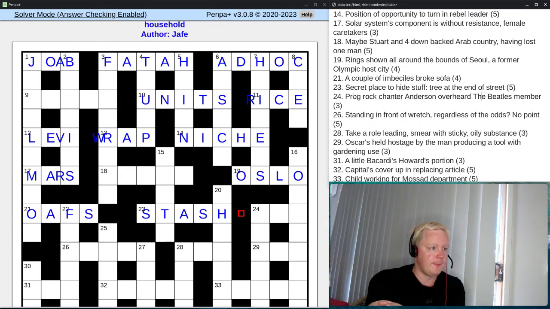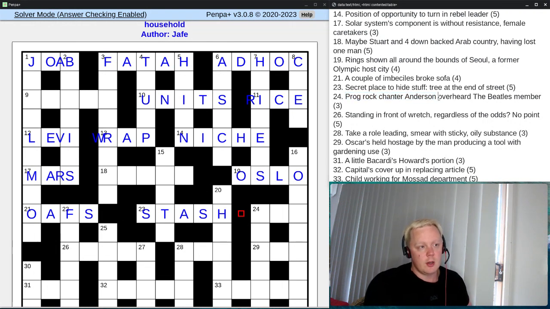Then we have 24, 3 letters. Prog rock chanter Anderson overheard the Beatles member. Now, prog rock chanter Anderson, this is going to be Jon Anderson, being the lead singer of the band Yes. And that's going to be our definition here, and Jon being the answer. And that is overheard.